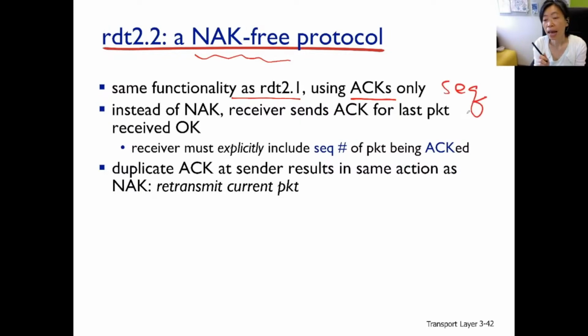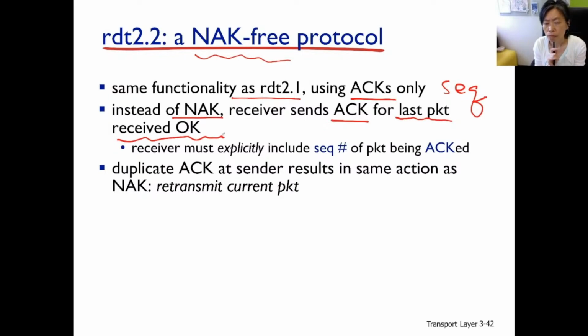The value in the sequence number bit tells the sender whether this is a positive or negative acknowledgement. Now we have a NAK-free protocol. The receiver sends an acknowledgement packet for the last packet received.